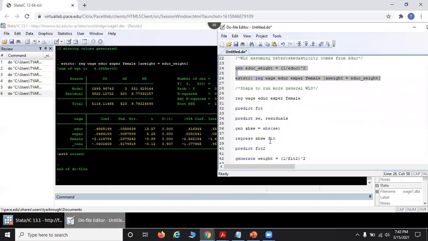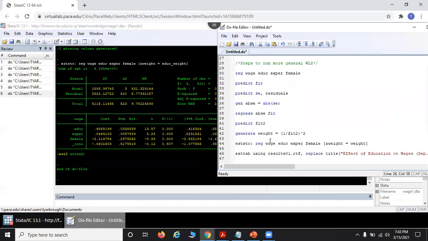Lastly, what we're going to do is some statistical hoop jumping, and we're going to create now a more generalized weighted least squares model, meaning that we're not going to assume we know precisely where the heteroskedasticity is coming from. We're simply going to assume that somewhere in my model there is heteroskedasticity.